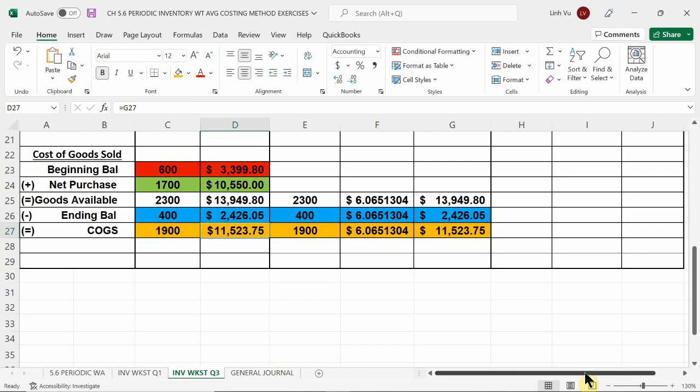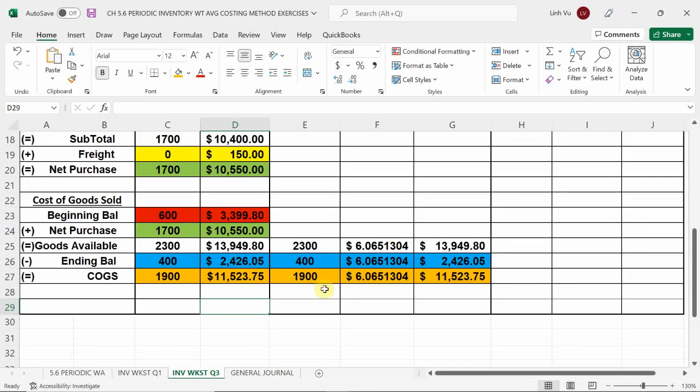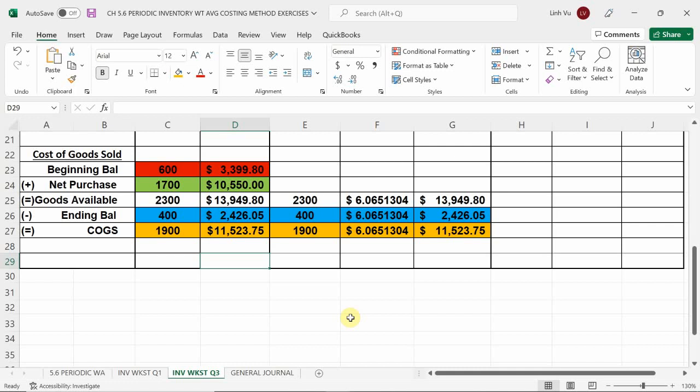See? Quick and easy. Okay, how did you get the cost of goods sold again? The 1,900. Because we had 2,300 available to sell, and I have 400 left remaining in my inventory.